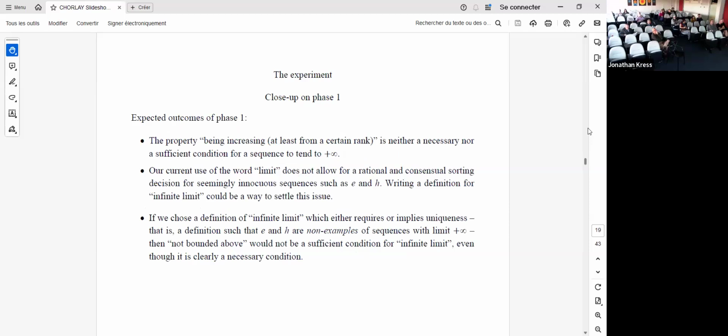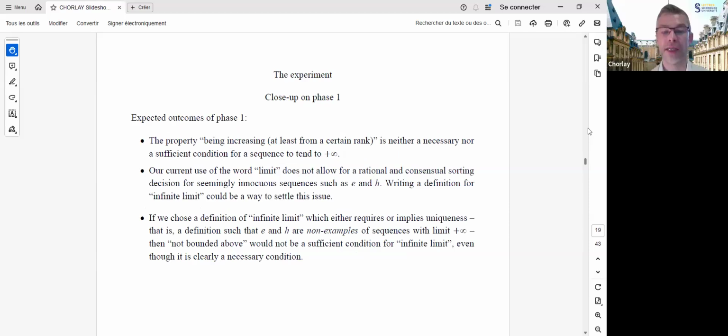And coming up with a definition could be a way to settle the dissensus when it comes to the sorting problem. Because as you will see, we anticipated that some students would say you tend to positive infinity only when you tend to only positive infinity. And some students would say, oh no, these tend to positive infinity and to negative infinity or to 0 just as well. So we would expect some degree of dissensus in the classroom, and this is what happened.